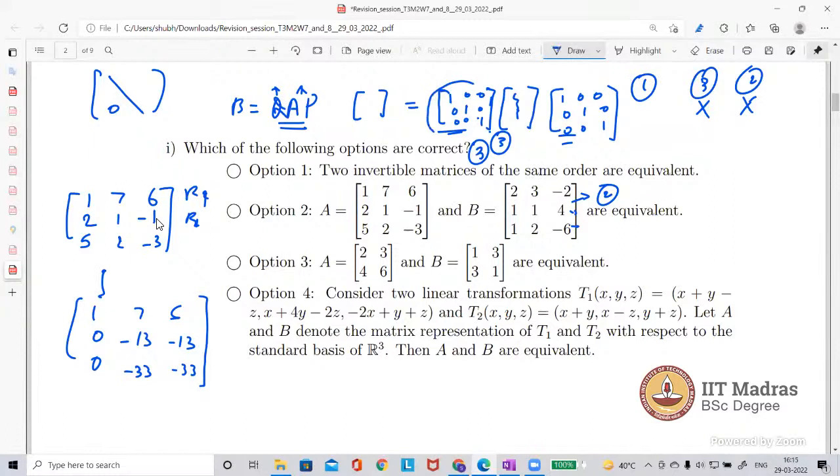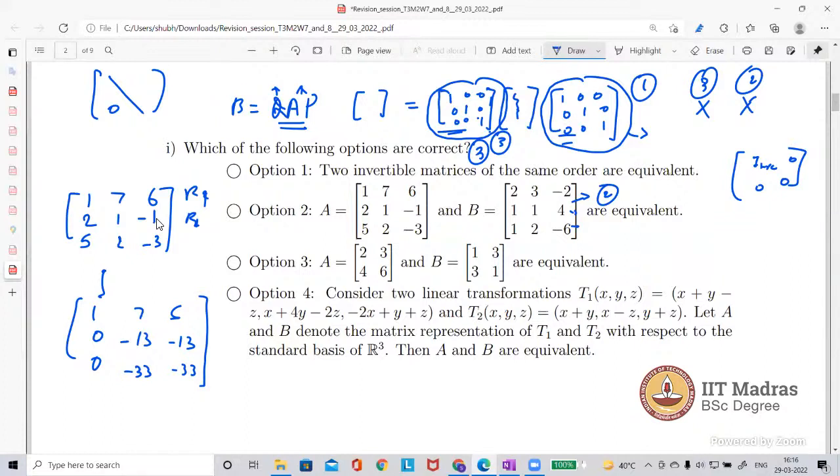The reason behind this: in the video, sir has clearly told that when you change the matrix into the form of I_r, 0, 0, 0, and equivalency is an equivalence relation. Because of that, we get the sufficient condition that if two matrices have the same rank, then they are equivalent. This can be proved also.